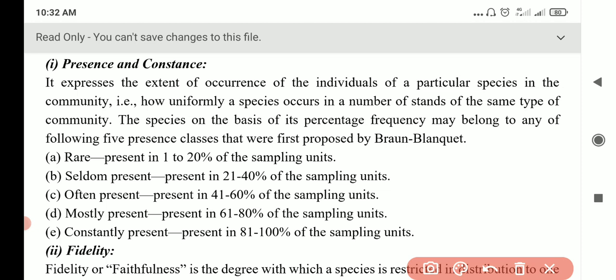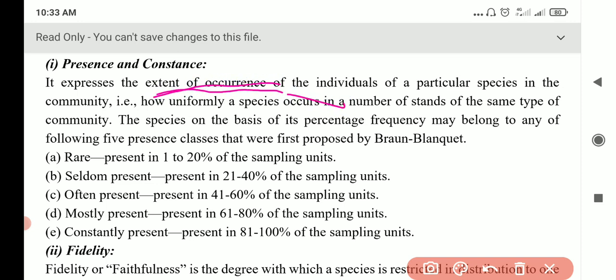So they are also mostly present. But what about chemistry? They could either take zoo or bot or C and D. So they are open. So they are very rare. Few girls only, maybe 10 or 11 girls will be taking chemistry. So those are seldom present. So it gives us the extent of occurrence of the individual.